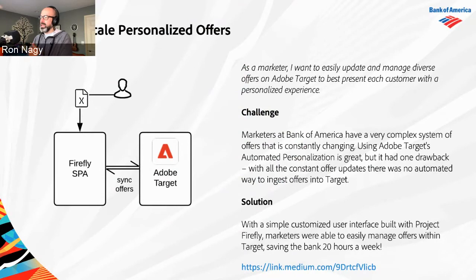So they have Adobe Target, and they use the Target capability for automatic personalization, right? So delivering each customer a personalized experience, and based on a list of predefined offers that they've set up, they do this one-to-one personalization.